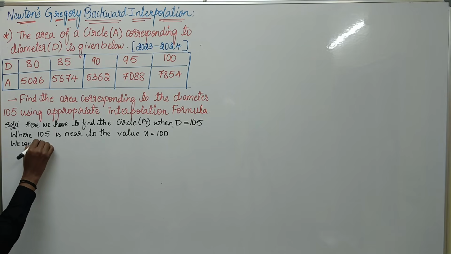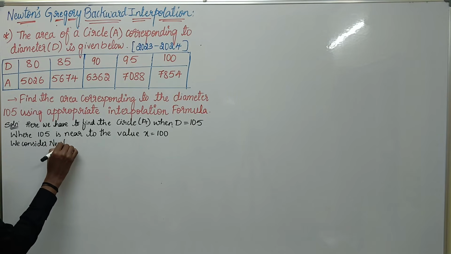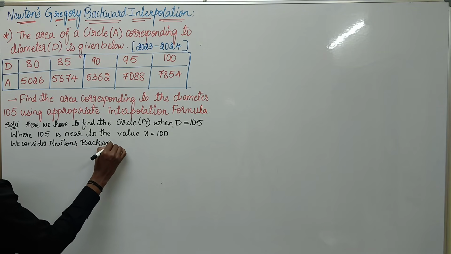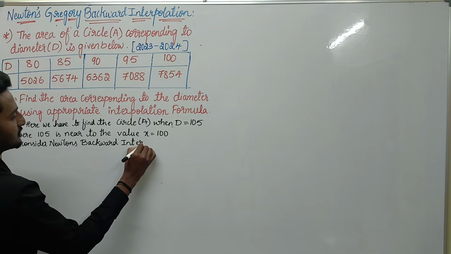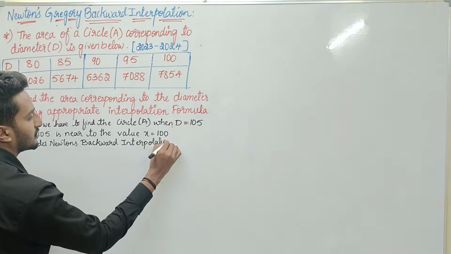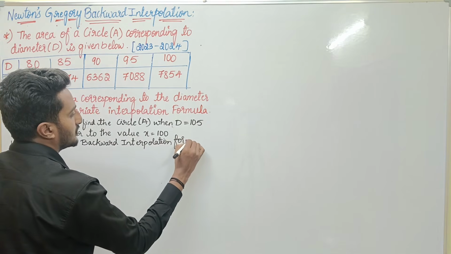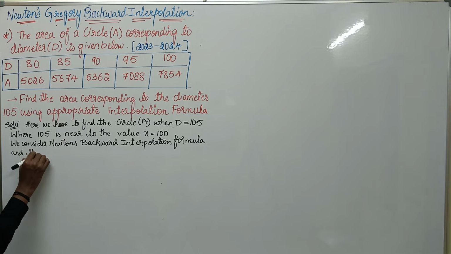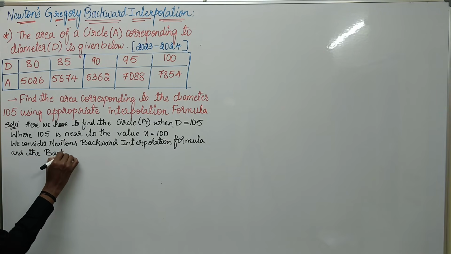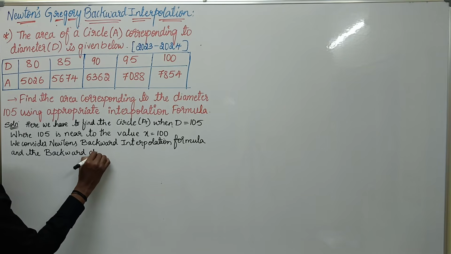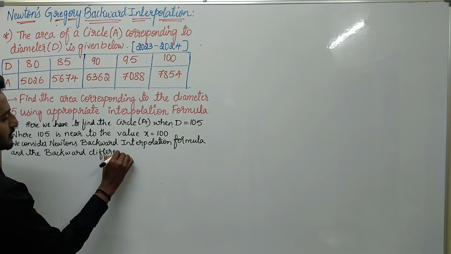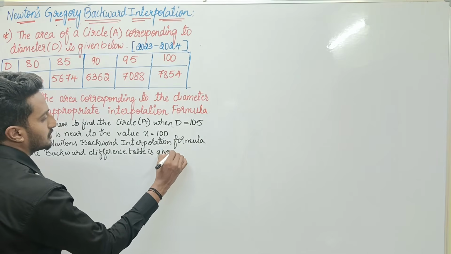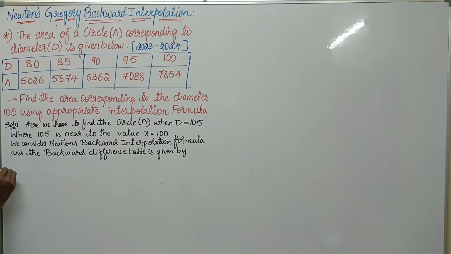We consider Newton backward interpolation formula. And the backward difference table is given by, okay, let us form the table.